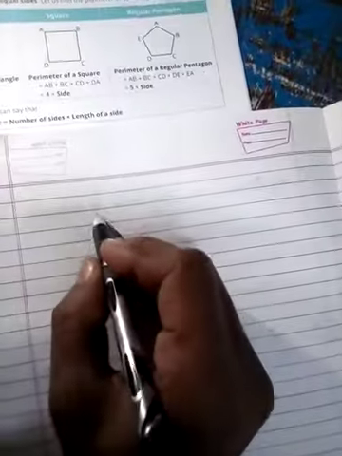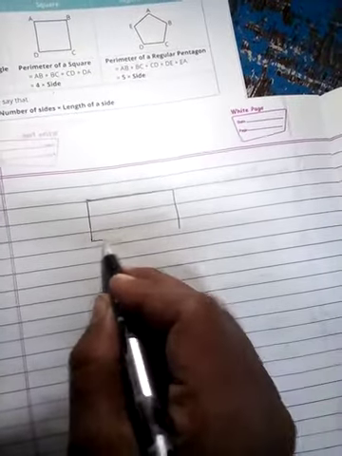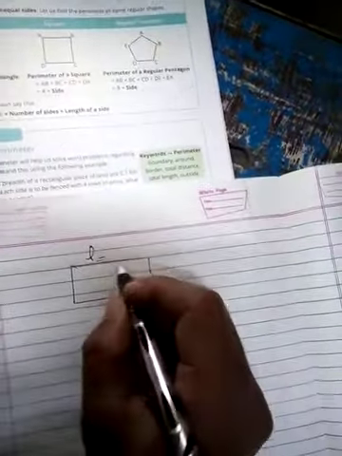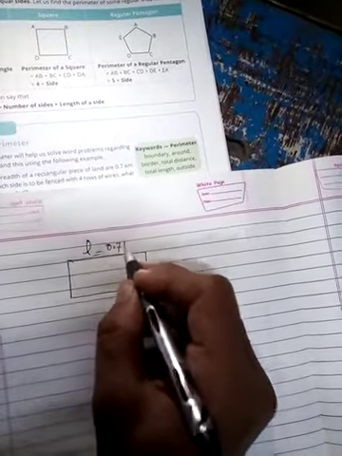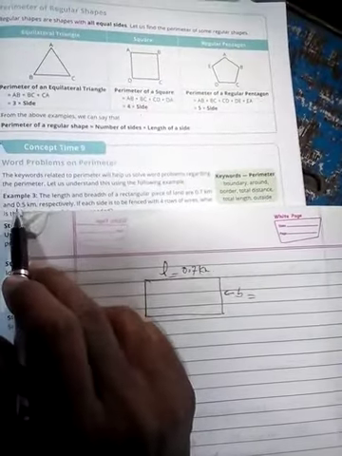So this was the solution. The field is in the shape of a rectangle. This is the length, which is given, 0.7 kilometer, and this is the breadth, 0.5 kilometer.